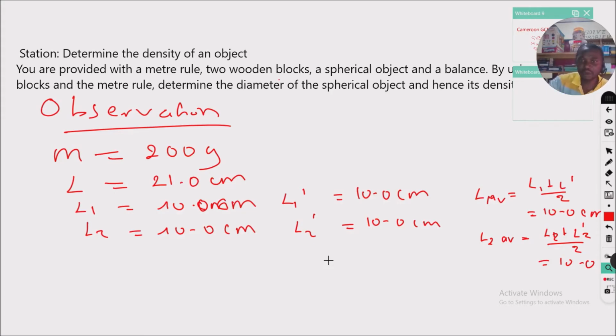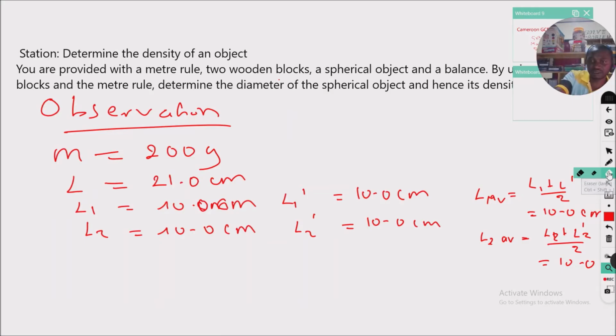The next thing that we go to now is our calculations. Since this does not have qualitative observation, then you will not do inference. The next thing after this should be what? Calculations.